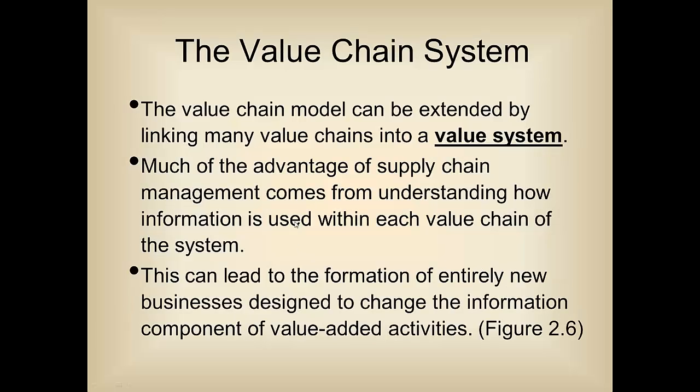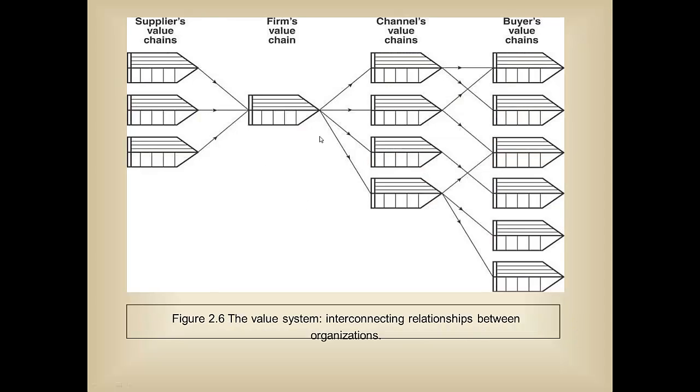Many people have extended the value chain into a whole value system. This is where, when we think of supply chain management, we consider how much information is used within each value chain of the system. You think about the firm, and we have the firm here in the center.